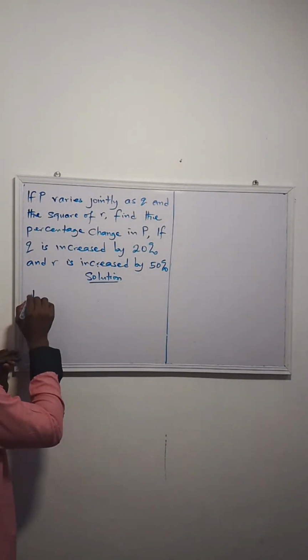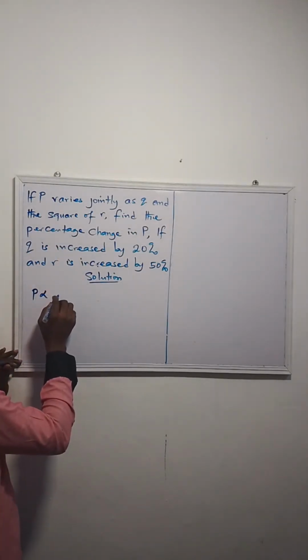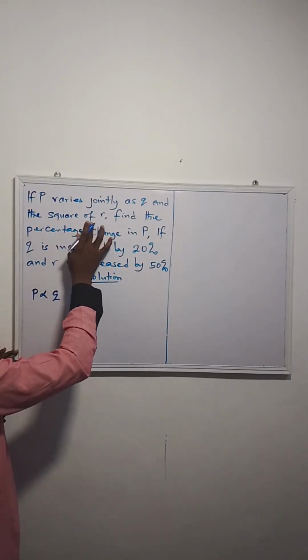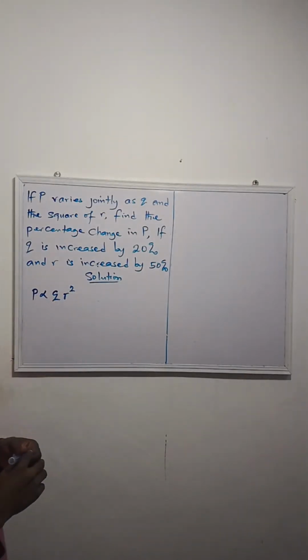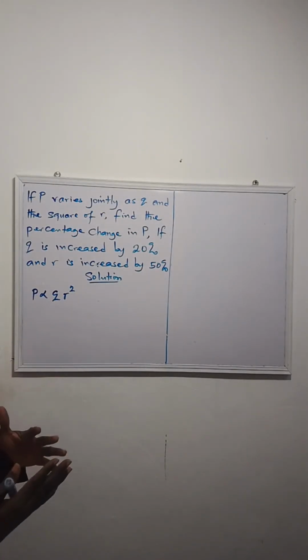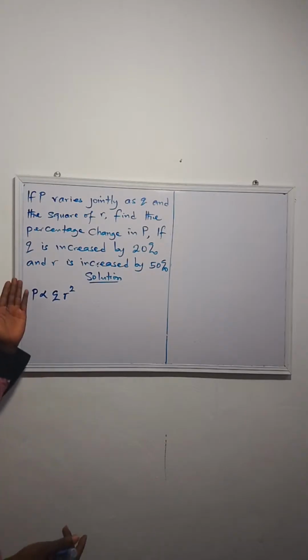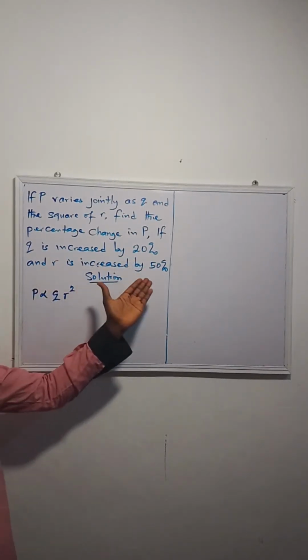Now P varies jointly as Q and the square of R. This is the square of R. Now the question wants us to calculate the percentage change in P when Q is increased by 20% and R is increased by 50%.